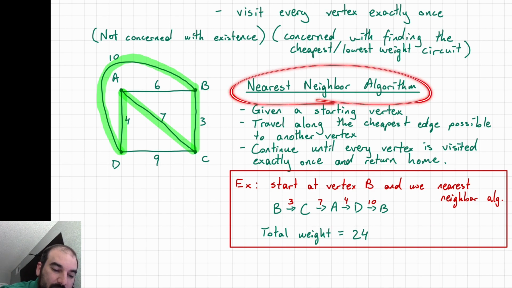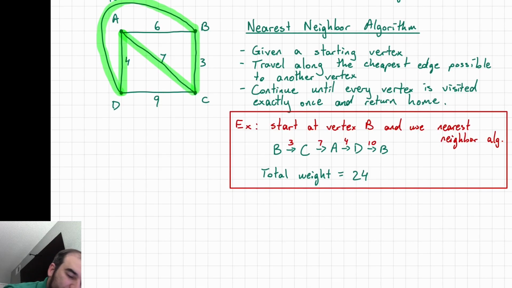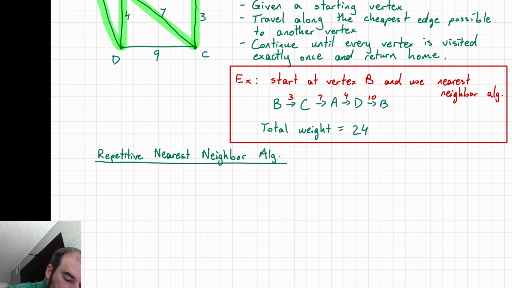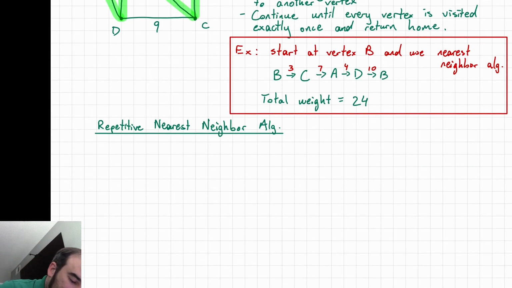Now, the nearest neighbor algorithm has to give you a starting vertex, but the repetitive nearest neighbor algorithm will not give you a starting vertex, because we're going to perform the nearest neighbor algorithm starting at each vertex.